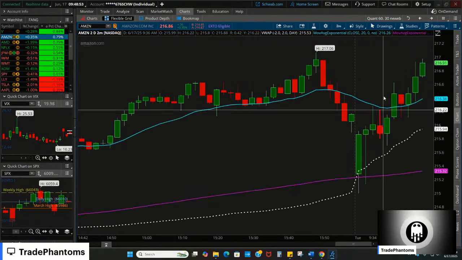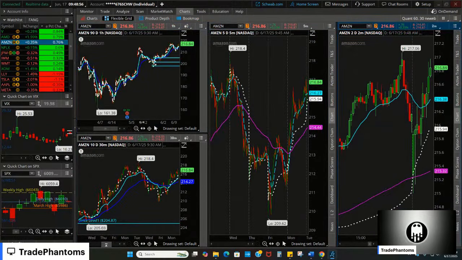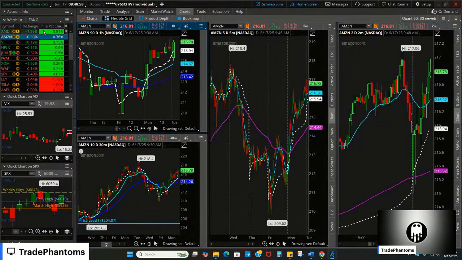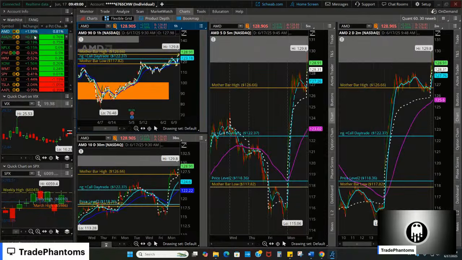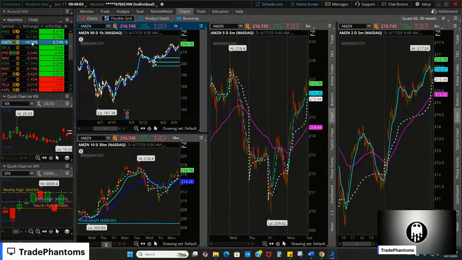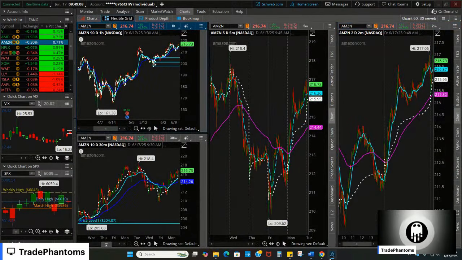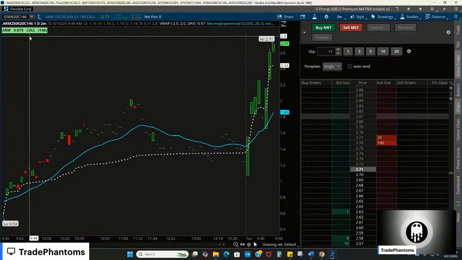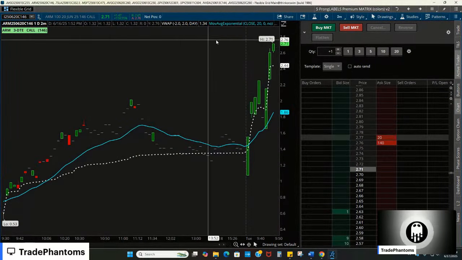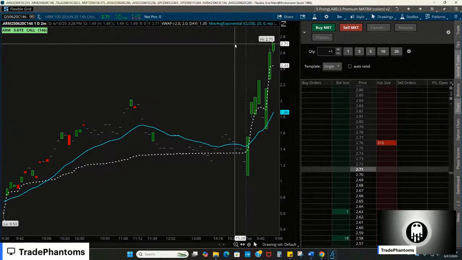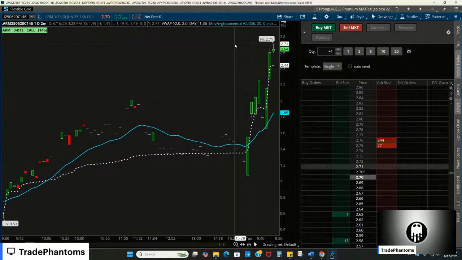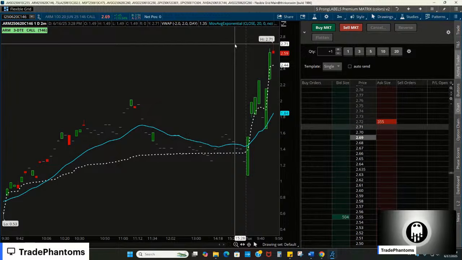Oh, Amazon sneaky here. Strike for ARM was the 146 strike. I'm going to unload a little more here too. Spread's a little weird on ARM, I will say. Yeah, you could have picked up the 145 or the 146, either or, right?